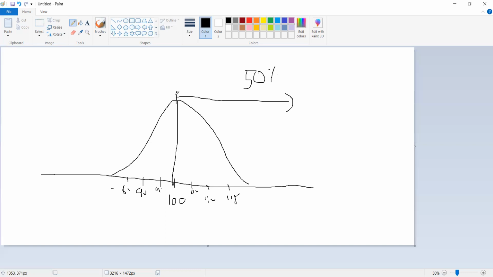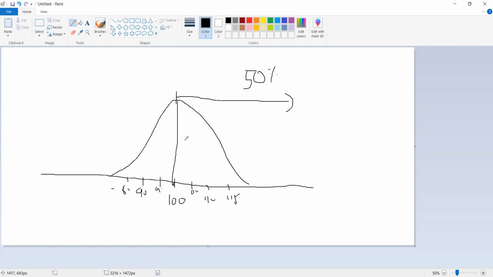So this line, median is what? 50%, isn't it? Since it is normal, your mean, median, mode are the same, all 100. That means 100 is dividing this entire data set into 2 equal halves. That's what it means when you say median.